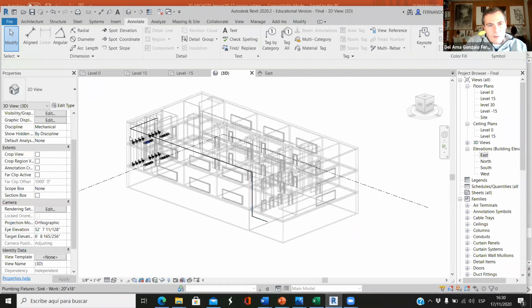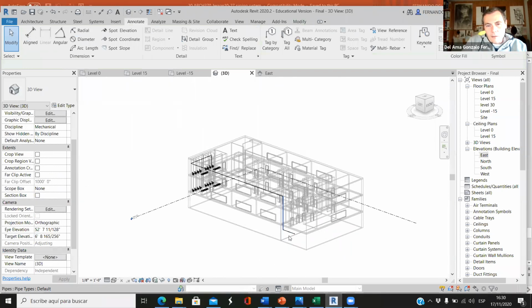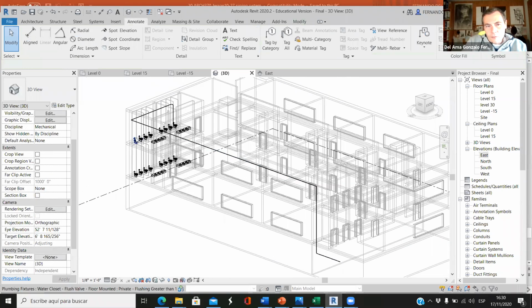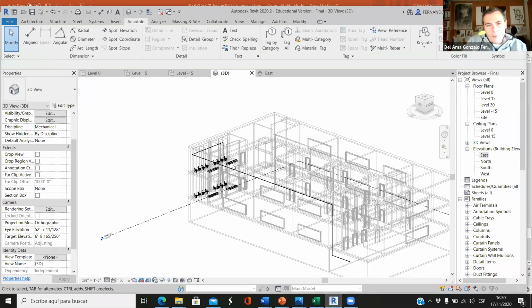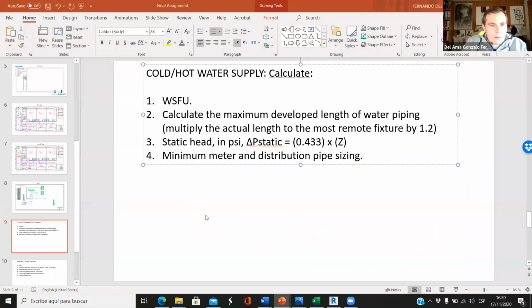So once you have the total length, then we only need to add up all these fixture units. And then with this table, we have the height. So with this table, we need to calculate the minimum size of this pipe. Okay, so with this, we are done.